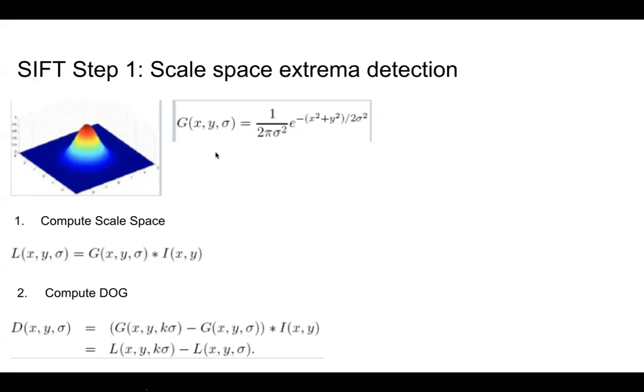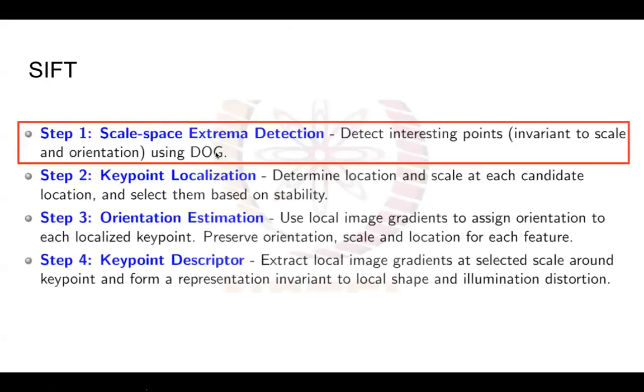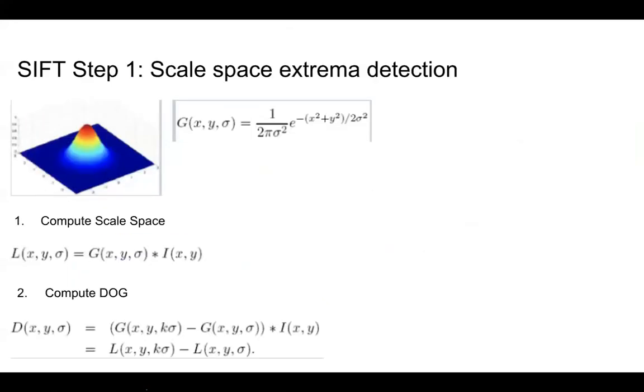Before going into detail, I'll just dissect the term in step one, scale space extrema detection. We are taking scaled spaces and trying to detect the extrema out of them.